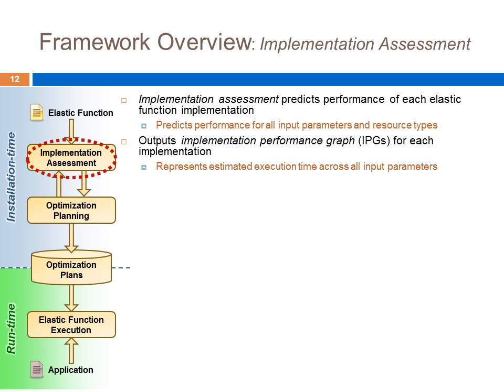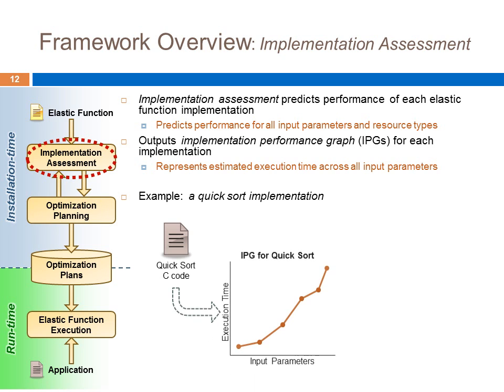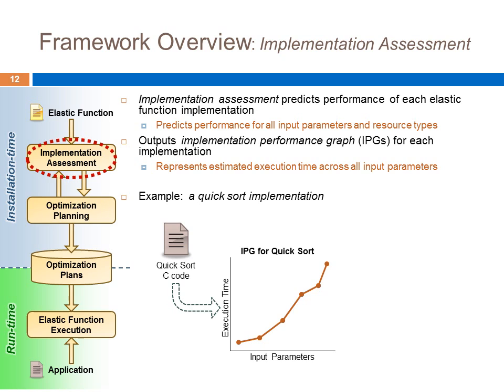And then the output of implementation assessment is what we call an implementation performance graph. And this essentially just represents the estimated execution time across all input parameters on a single resource for the corresponding implementation. To give you a quick example, the bottom of the slide shows some quick sort C code.